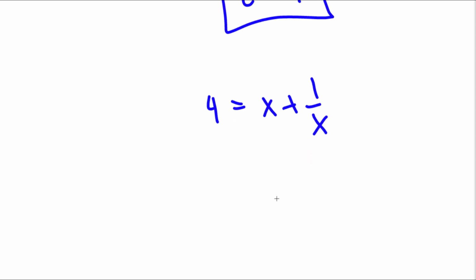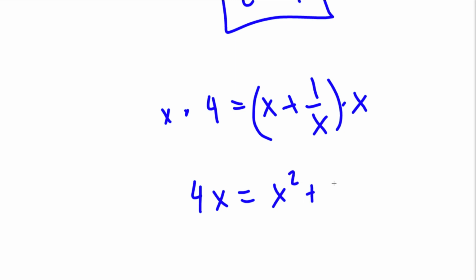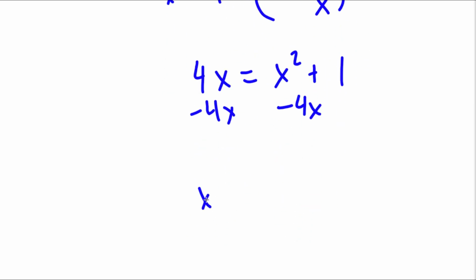And now I'm going to multiply both sides by x. So now I have 4x is equal to x^2 plus 1. Now I'm going to subtract 4x on both sides. So I have x^2 minus 4x plus 1 is equal to 0.